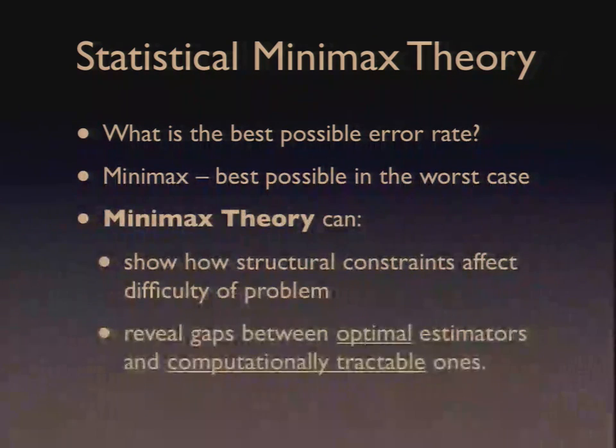The use of Minimax theory is that we typically want to understand how the Minimax rate relates to other features or parameters of the problem. Specifically, we want to look at how the structural constraints, in my case sparsity, affect the difficulty of estimation. Hopefully we can pin down what the best possible rate is, and then look at computationally tractable procedures and see if they actually attain the optimal rate.